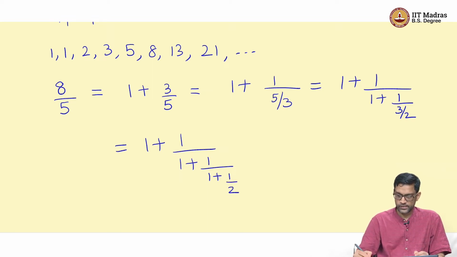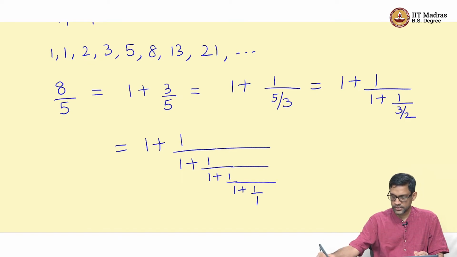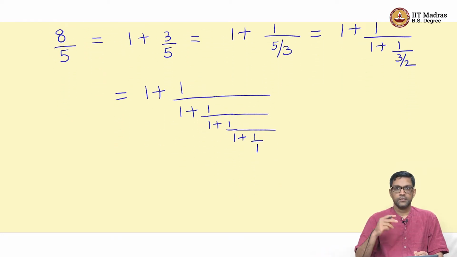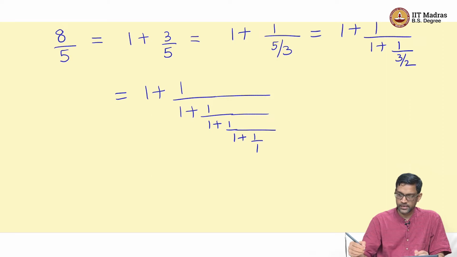The final 2 could actually also be written as 1 plus 1 over 1. So we can just think of it as a finite continued fraction with all ones in it. This is how the ratio of two successive Fibonacci numbers looks. It's just a finite continued fraction like this.